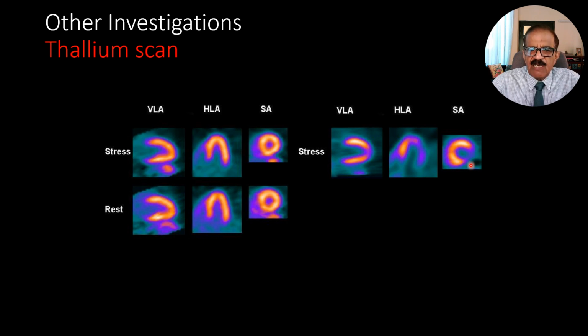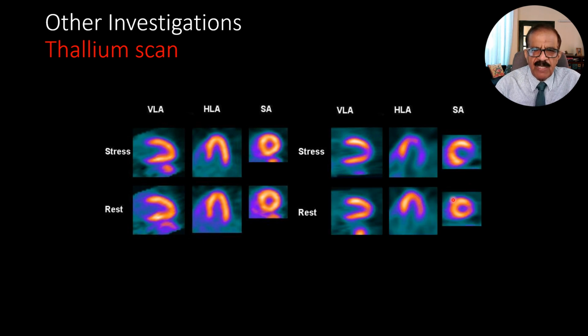Now, if we repeat the test after a few minutes, now see, it has now redistributed. Although there is coronary narrowing, coronaries are still giving some blood, because with some time the ischemic myocardium is also now perfused. Now this scan would show that there is ischemia, and this would confirm that this ischemia is reversible.